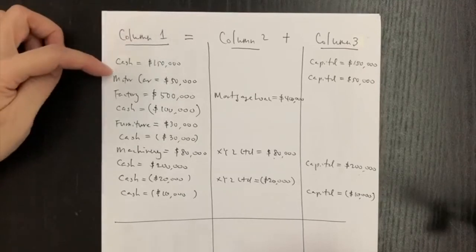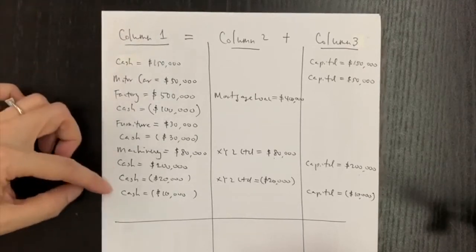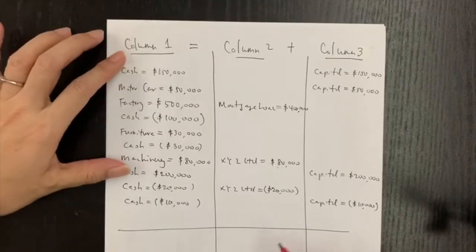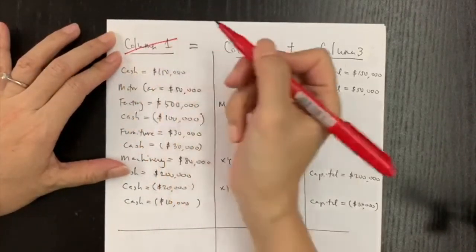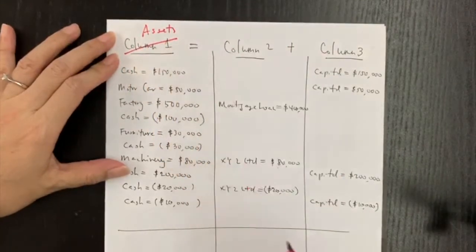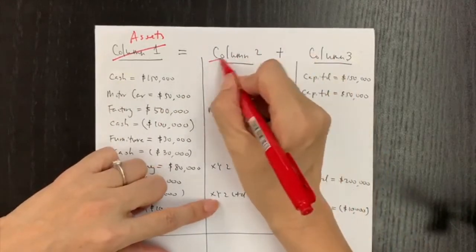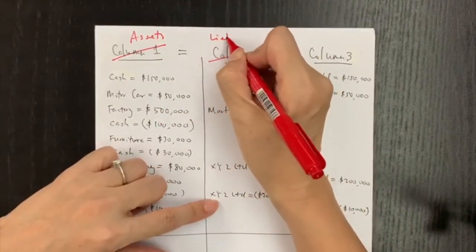We have cash, motor car, factory, furniture, machinery, right? And actually we don't call it column 1, we have a name for that. We call that assets. Okay, and then column 2, we have a name for that as well. We call that liabilities.